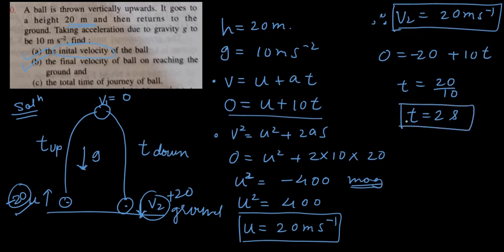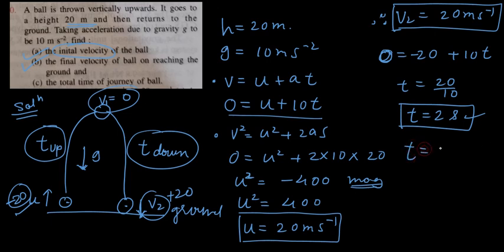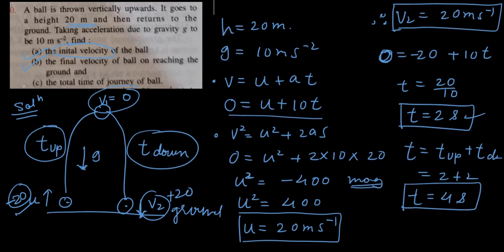But what is this? This is taking into account the final velocity to be 0, that is over here. That means this 2 seconds that I have got is the time to go up. So therefore the time to go down will also be 2, and therefore the total time will be time to go up plus time to go down, that will be 2 plus 2, and that will be 4 seconds. So this is your final answer.